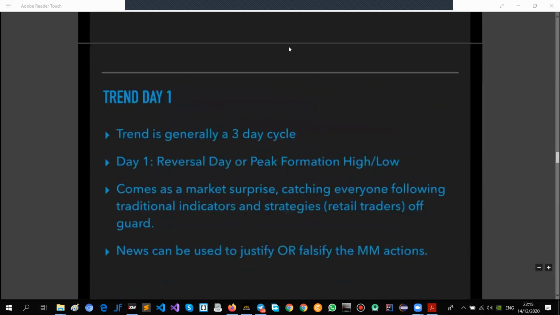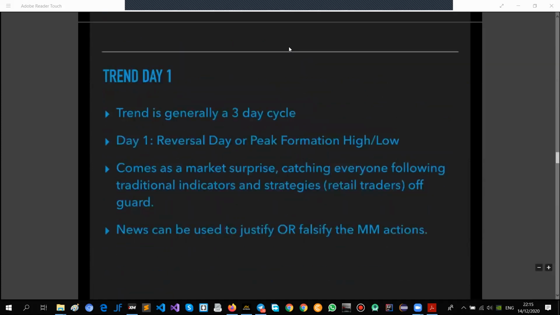The trend usually is a 3 day cycle, but sometimes it can exceed up to 5 days or 8 days on just a particular trend. The general number of days of a particular trend cycle is 3 days.